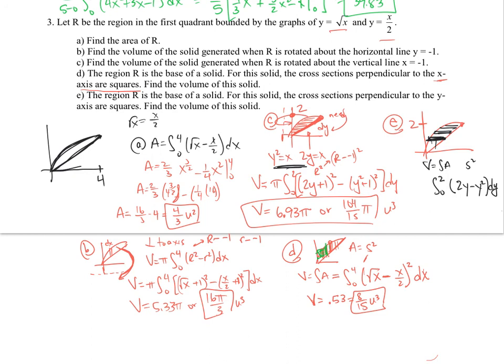We can use our calculators at this point, and we end up with the volume equal to 1.067, which is 16/15ths cubic units. So the volume was the integral of that area. We set it up, solved it, and that's what we got.